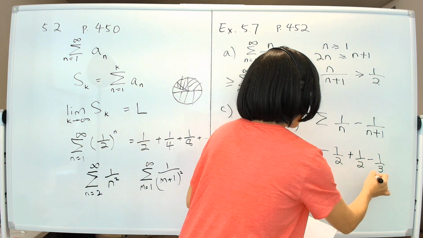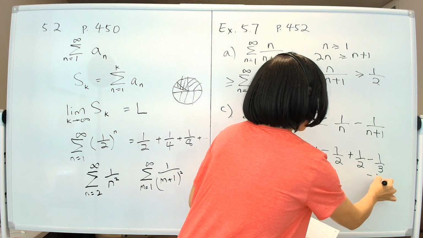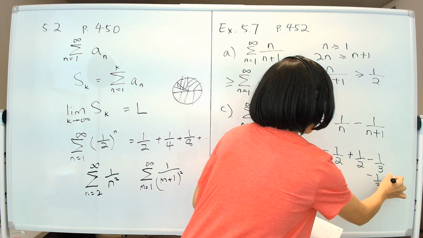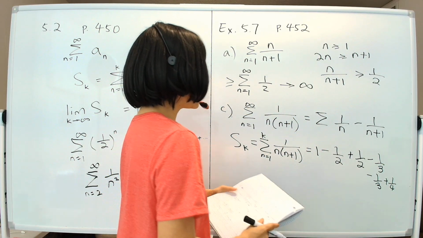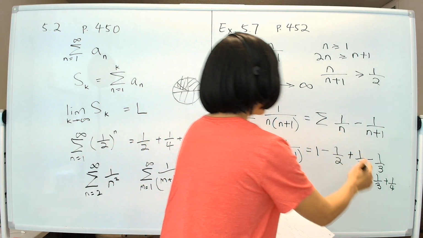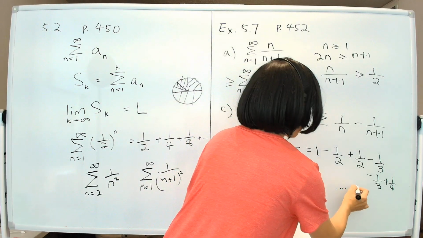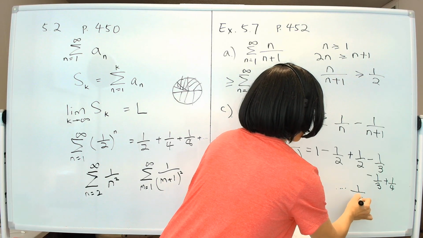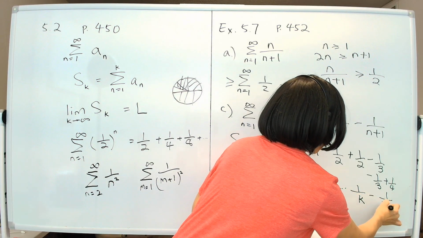And you keep doing that, and then minus 1/3 plus 1/4, and so on, all the way to something. So eventually you get to the kth term, 1 over k minus 1 over k plus 1.